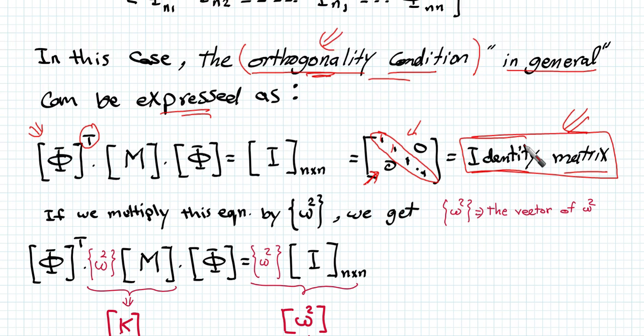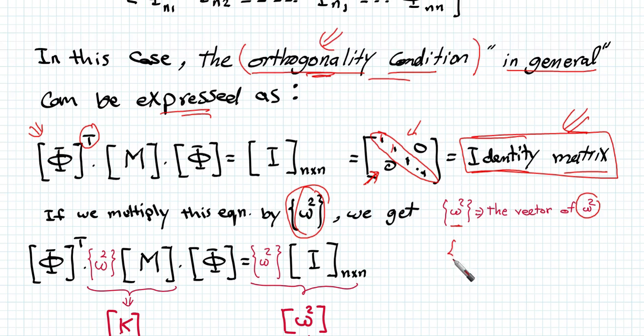Okay, if we multiply this equation by the vector of circular frequencies, we are going to get omega squared, the vector of omegas.